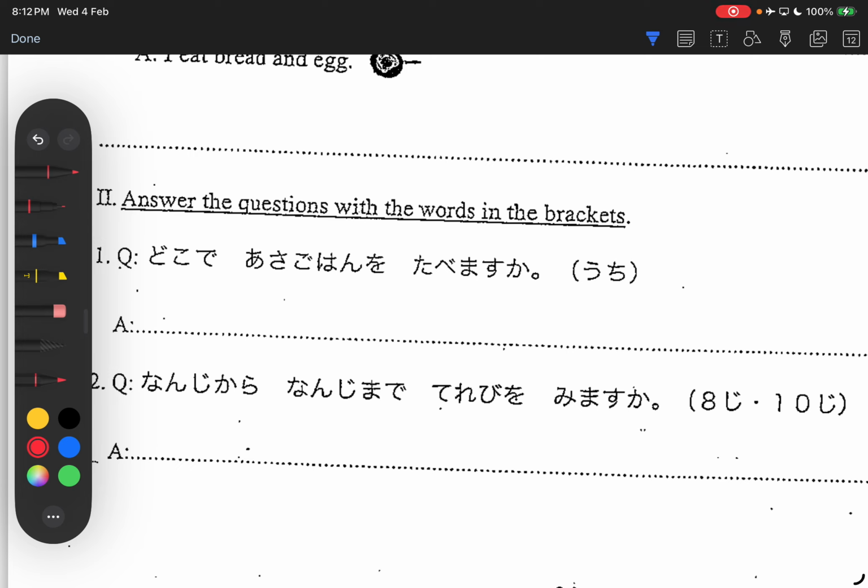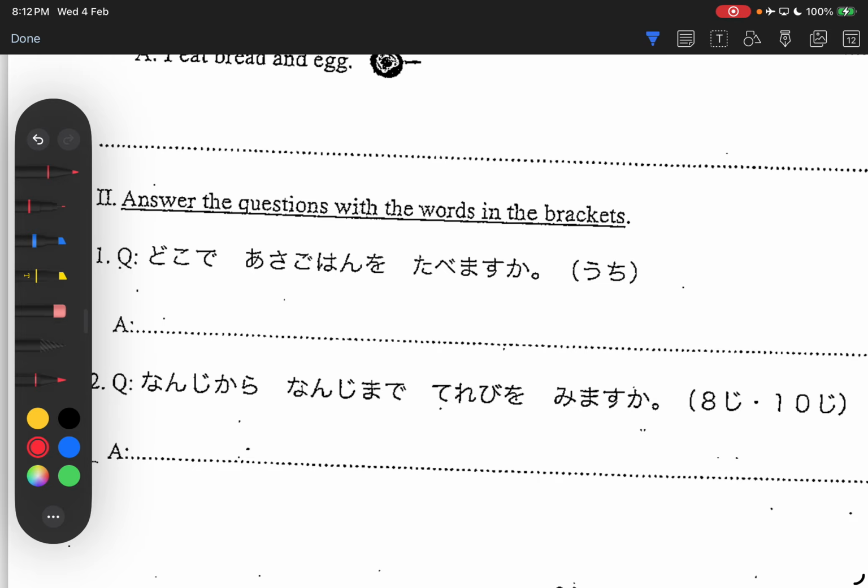So うちで食べます。 The shortest one. The rest is unnecessary information. Next. 何時から何時までテレビを見ますか？ 8時から10時までテレビを見ます。 Very good.